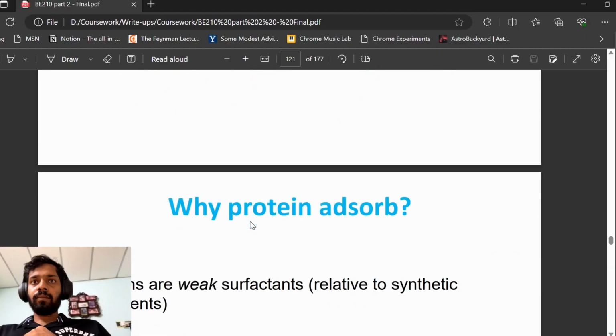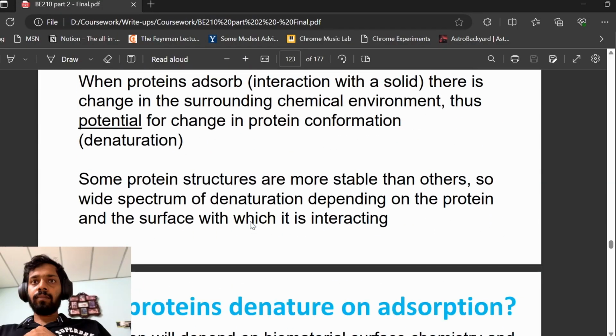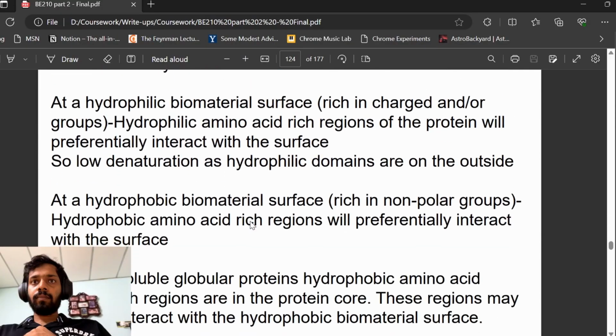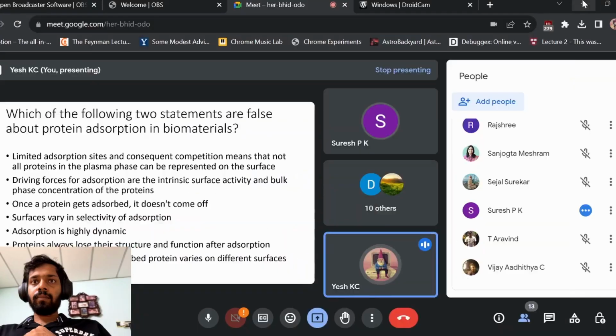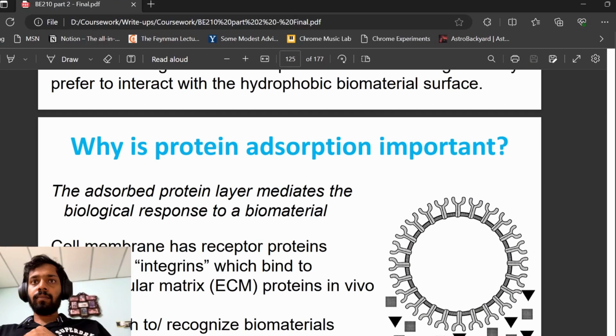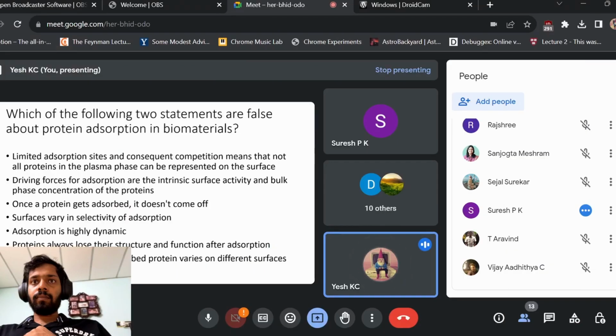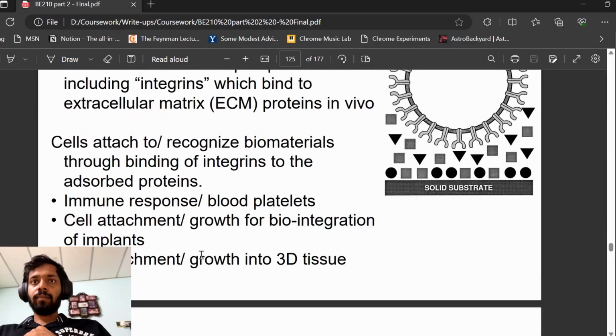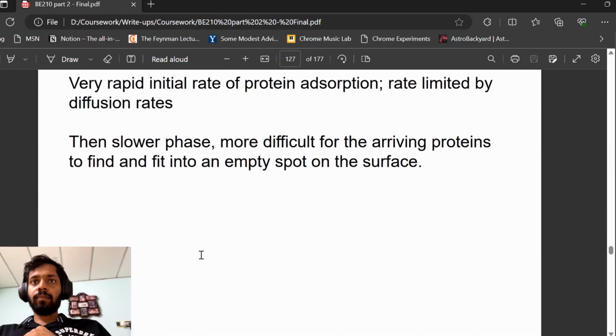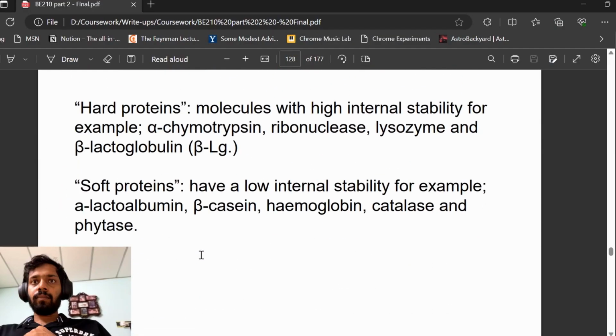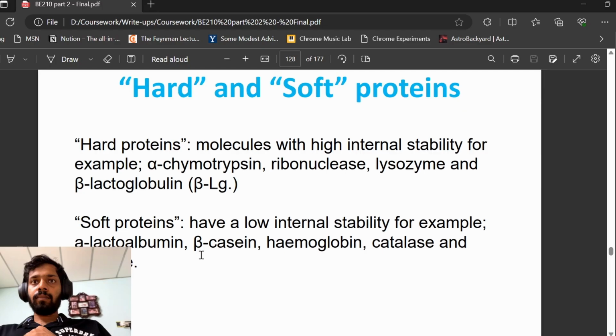Right, correct. So since this process of protein adsorption is a very dynamic phenomenon, there are two types of proteins: hard proteins and soft proteins.